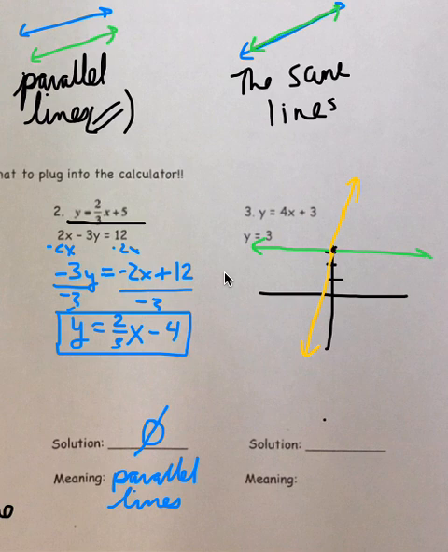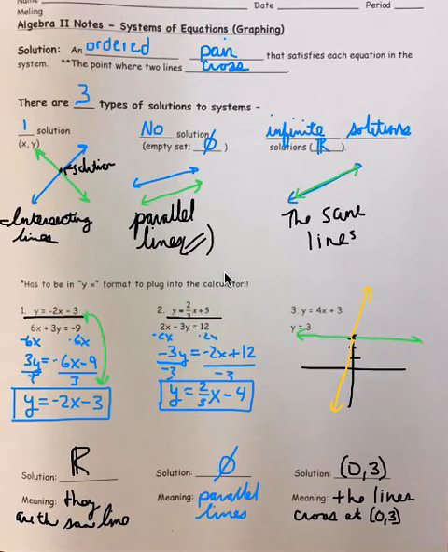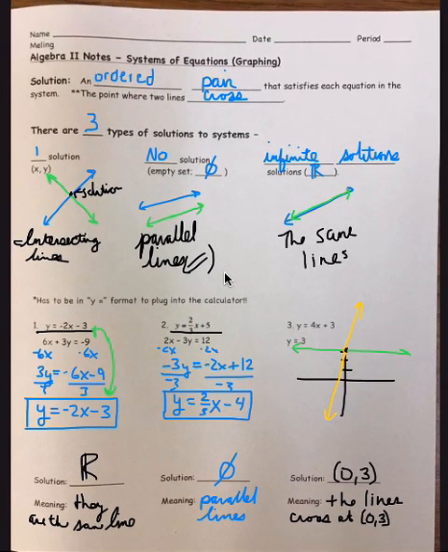Solution would be 0, 3, meaning the lines cross at 0, 3. Okay, so take a look. We have one solution, no solutions, infinite solutions.